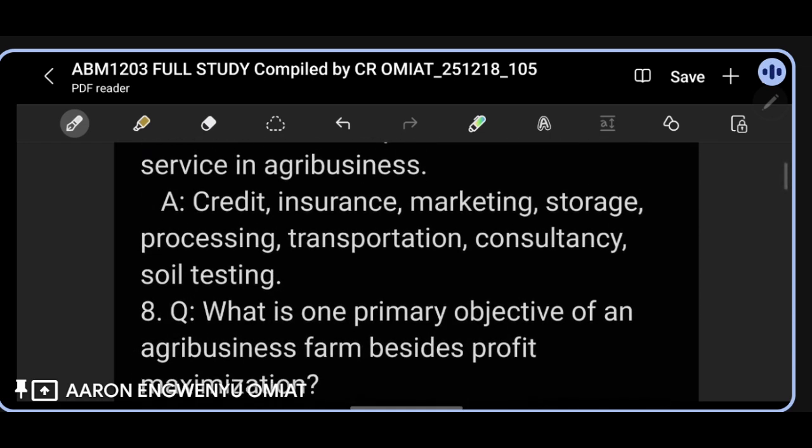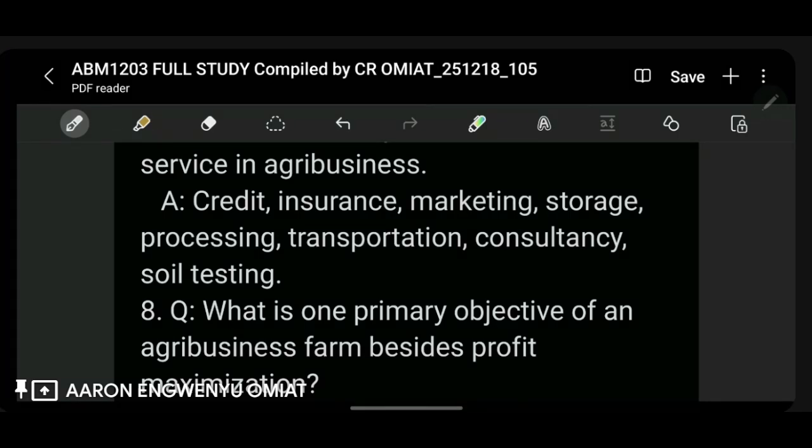Okay, moving forward. This is Agathon. What is one primary objective of an agribusiness farm besides profit maximization? Yes, Agathon? Yes, Aaron.